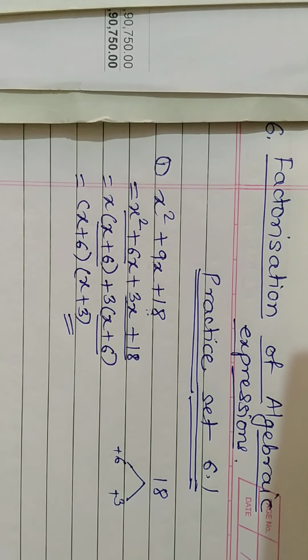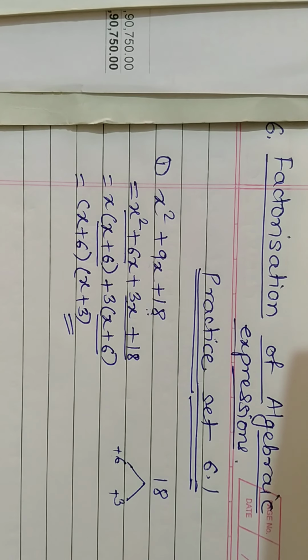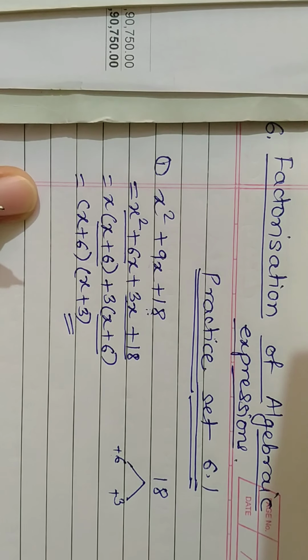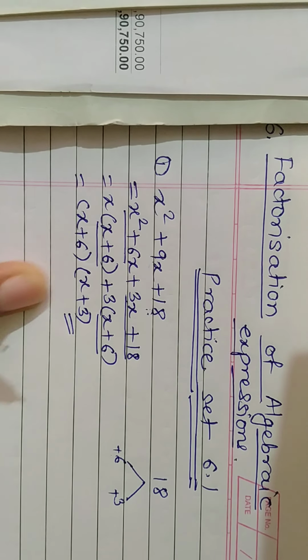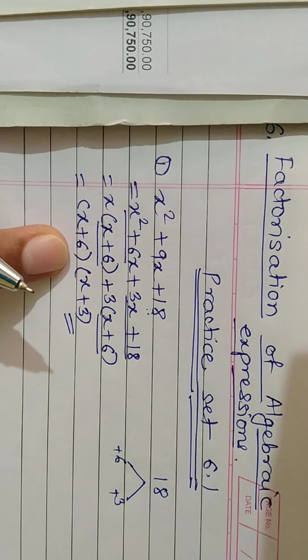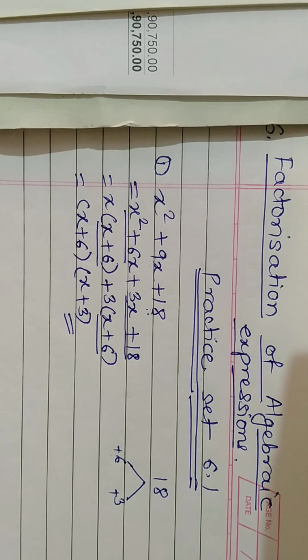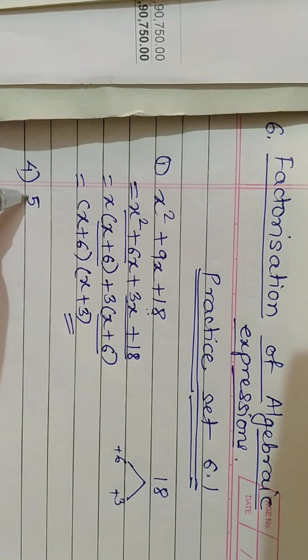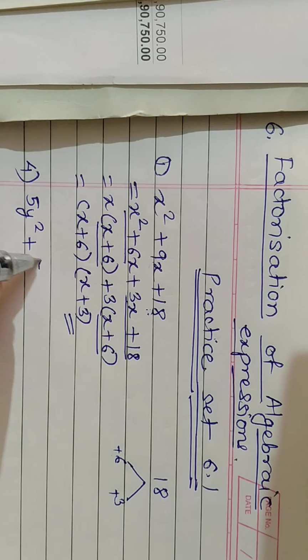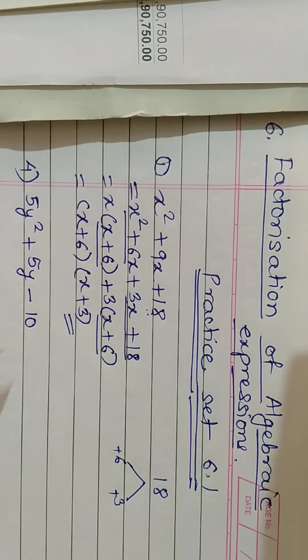Now see, question number 1 I have solved. Questions number 2 to 5 are all the same, you can solve according to this. Now the fourth one I will solve for you: 5y square plus 5y minus 10.